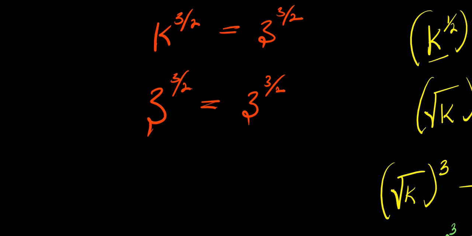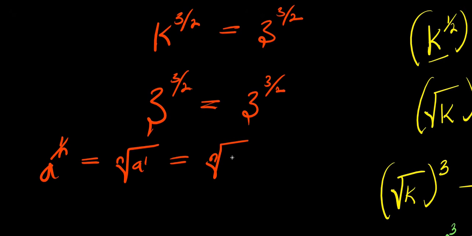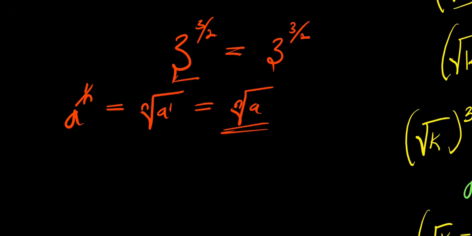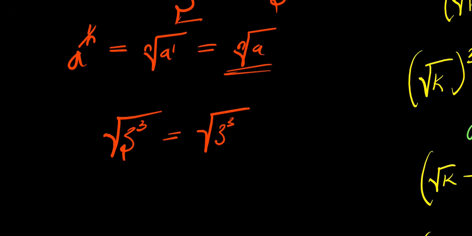Right now, if I have a power 1 over n, this equals the nth root of a. Applying that here, I will have square root of 3 power 3 equals square root of 3 power 3. 3 power 3 is 27, so this is square root of 27 equals square root of 27.